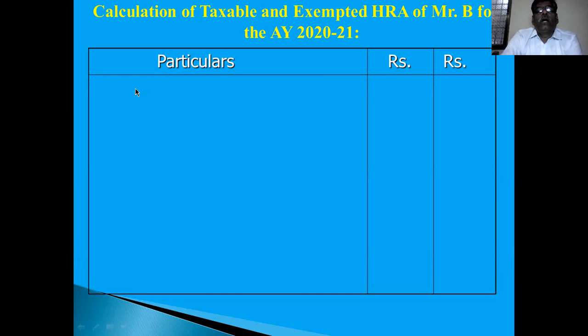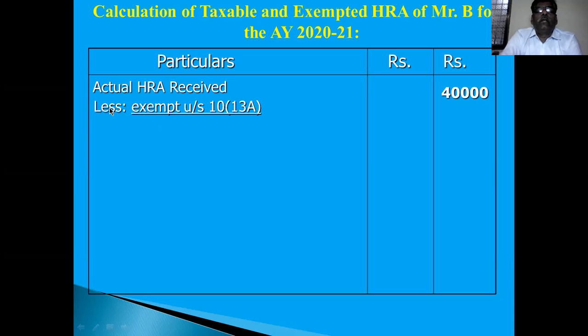First, you take the house rent allowance received. House rent allowance received is 40,000. Then secondly, you take less exempted HRA under section 10, subsection 13A. That is, first point is actual HRA. Actual HRA received is 40,000. You take the same amount.